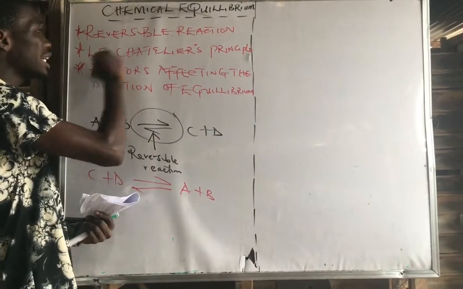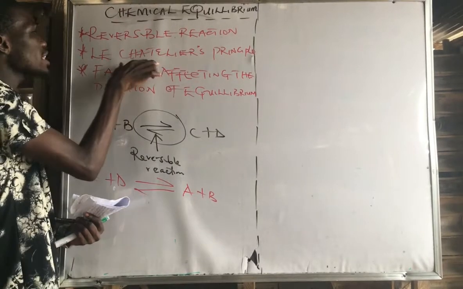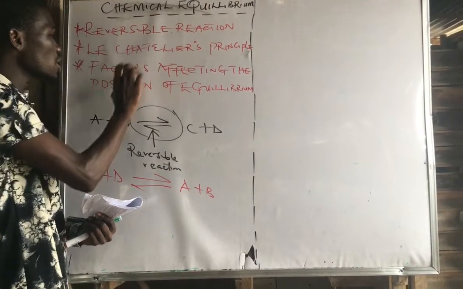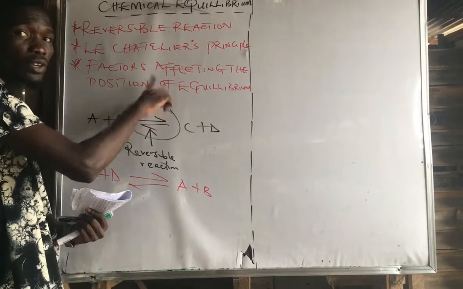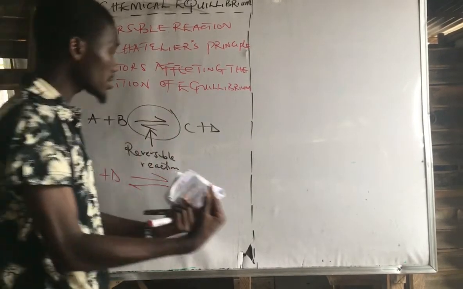Now, the main thing that as a JAMB candidate you ought to know very well is Le Chatelier's Principle, and what is the effect of Le Chatelier's Principle on the position of equilibrium. So let's state this.